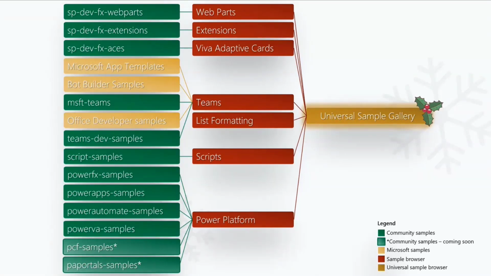they're not really intended for community contributors. But the majority of our sample repositories, while they are curated samples, that means we review them, we test them, we make sure that they demonstrate a good concept and that they're good examples to get started from. They're all contributed by people like you in the community.